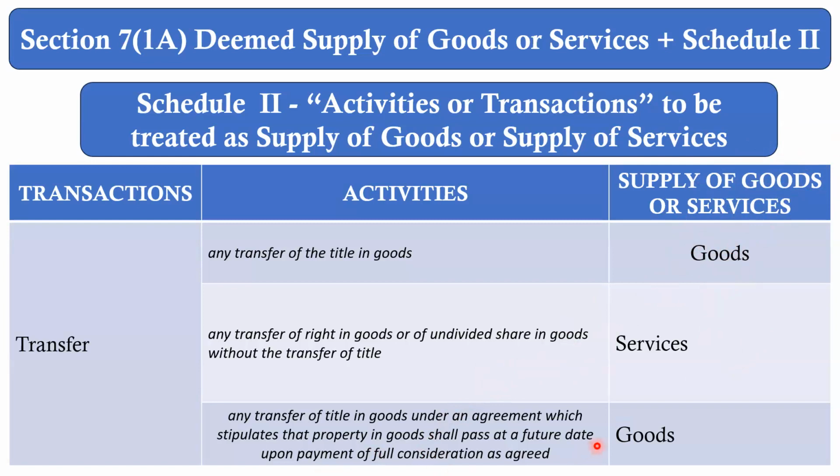Any transfer of title in goods under an agreement which stipulates that the property in the goods shall pass at a future date upon payment of full consideration as agreed. That is considered to be goods, like you are going and purchasing a property.